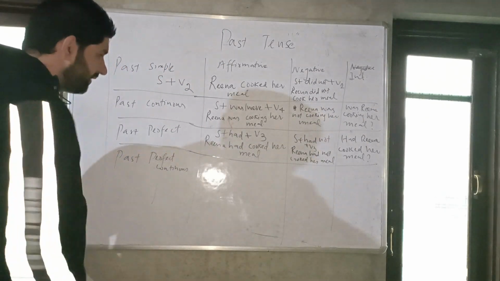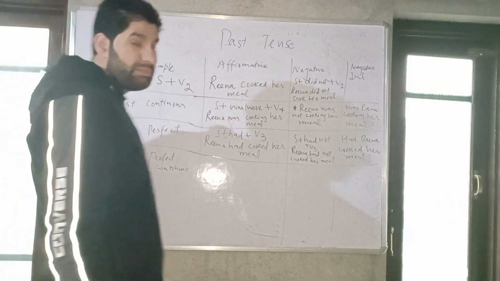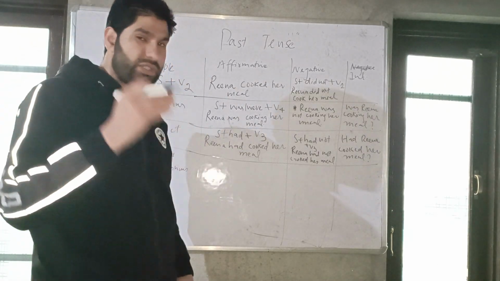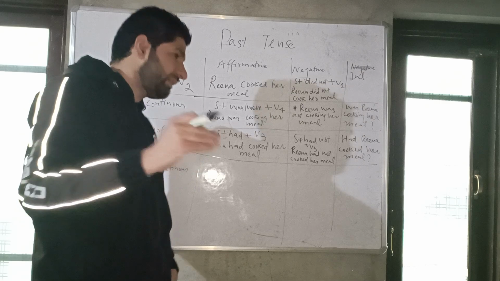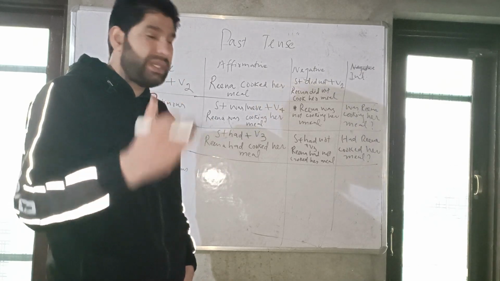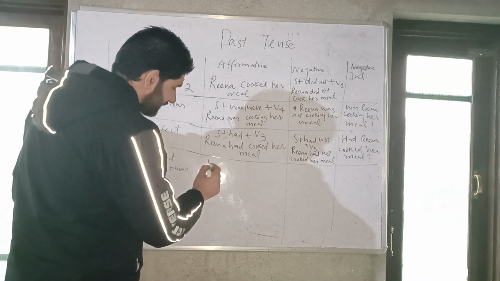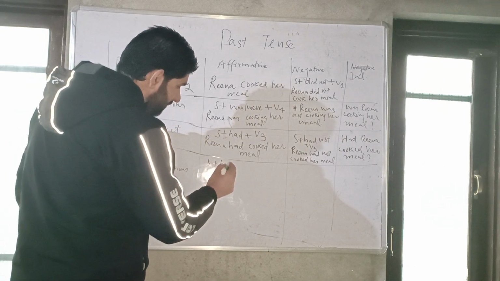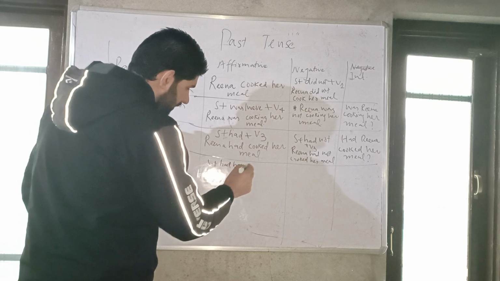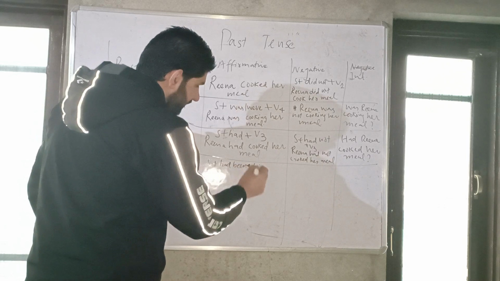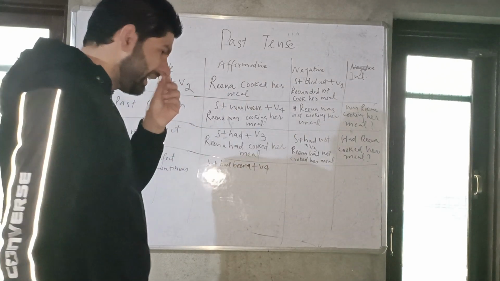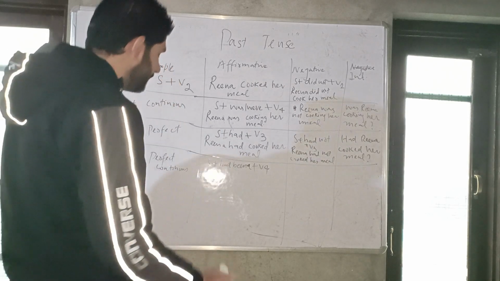Now past perfect continuous. Just like in present perfect continuous, we used I have been and then fourth form, or she has been and then fourth form of the verb. There is a slight change here. So it's like this: S plus had been plus V4. So let's change the example now, it will become too redundant.